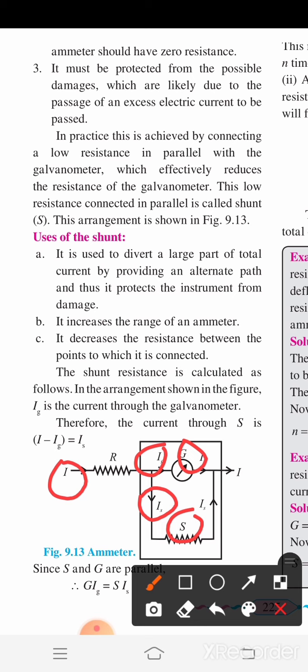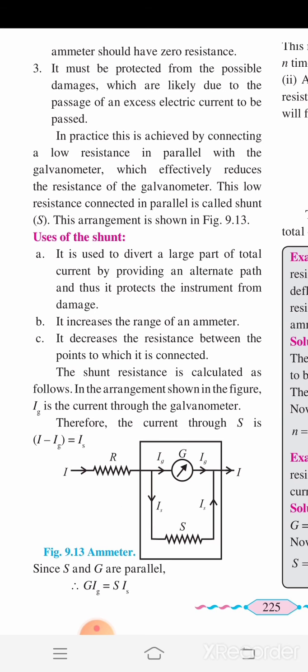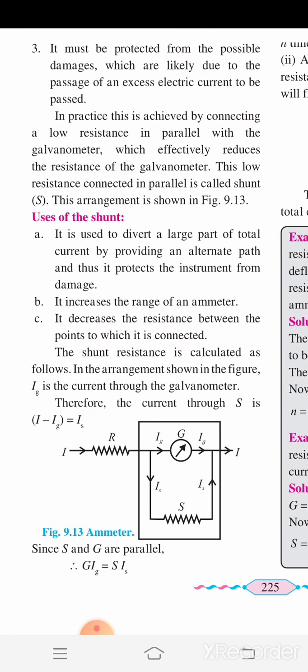Therefore, the current through S is given by, using Kirchhoff's first law, I minus Ig is equal to Is. Current flowing through the shunt is given by I minus Ig is equal to Is. Since S and G are parallel, the shunt and galvanometer are connected in parallel.